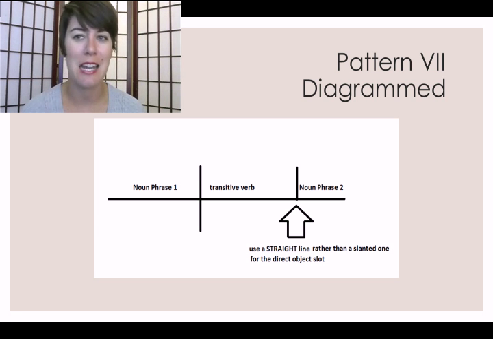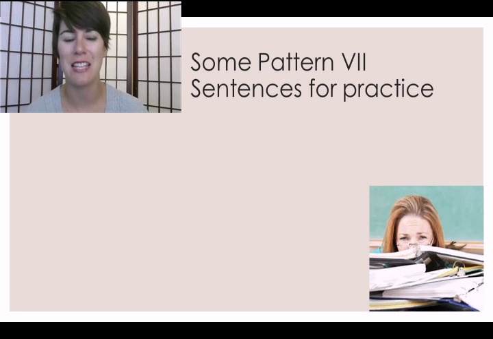A straight line indicating that here's the object, not a diagonal slanty line indicating the subject complement. So this is the diagram pattern for pattern 7. Of course, we have a few sentences for practice with pattern 7.